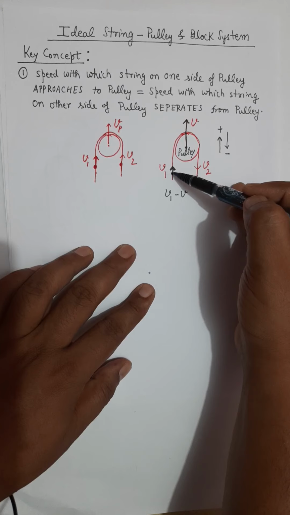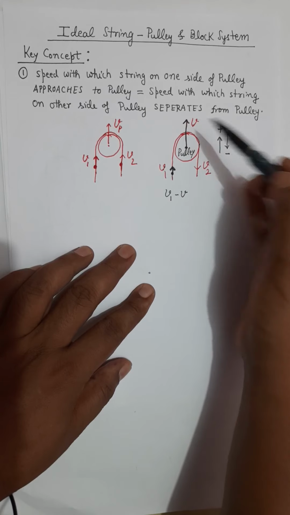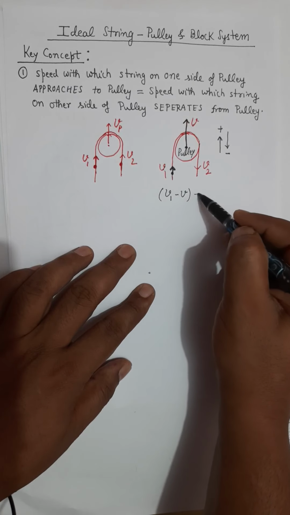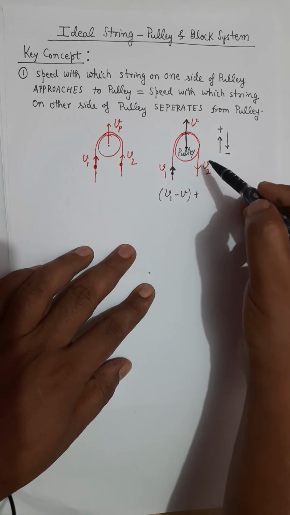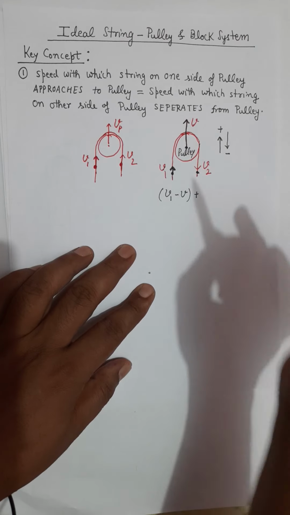So the relative velocity between this point of string and the center of the pulley will be v1 minus v, plus the relative velocity of the point on the right side. Now I will find the velocity of this point relative to this pulley.